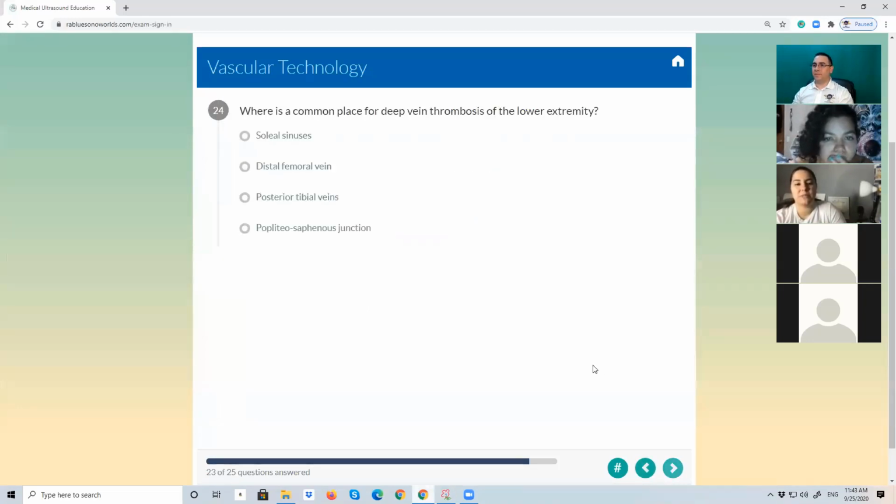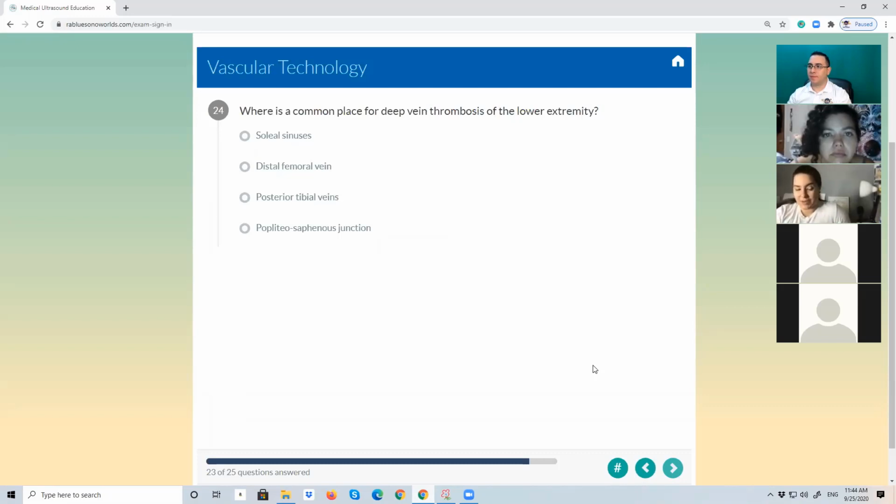Where is the common place for deep vein thrombosis of the lower extremity? Soleal sinuses, the femoral vein, posterior tibial veins, or the saphenofemoral junction? Distal femoral vein?